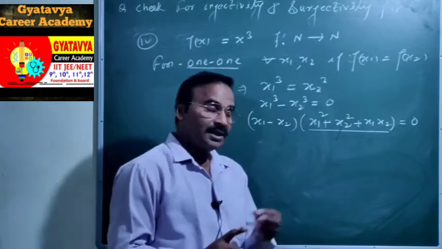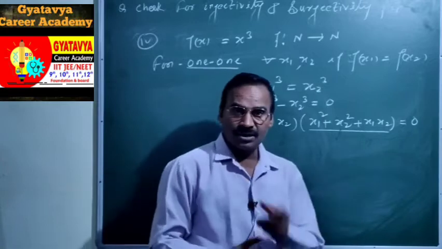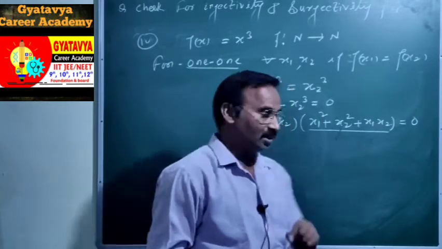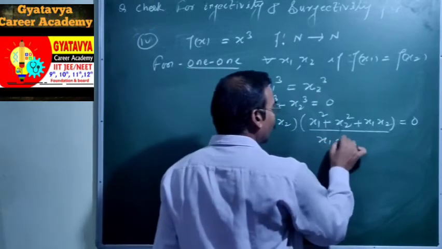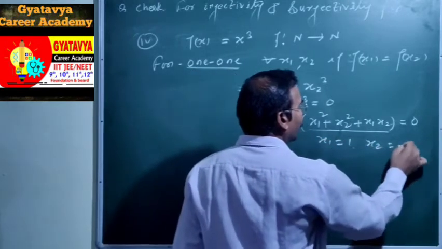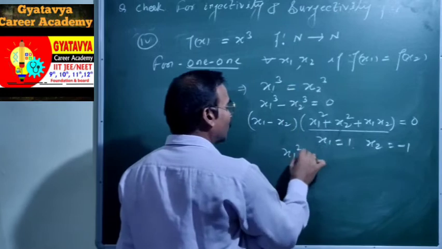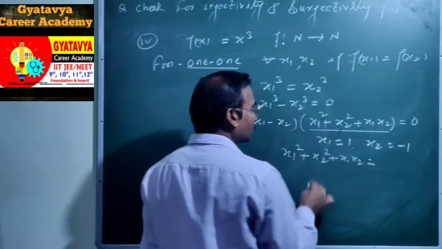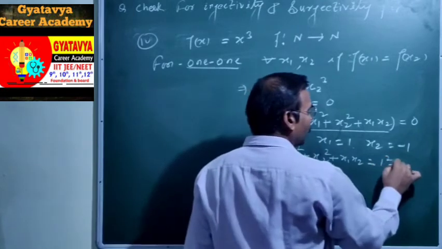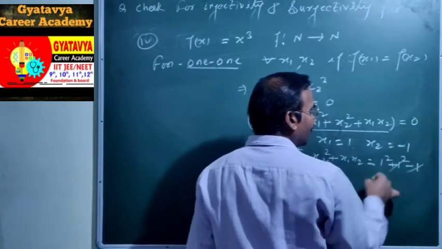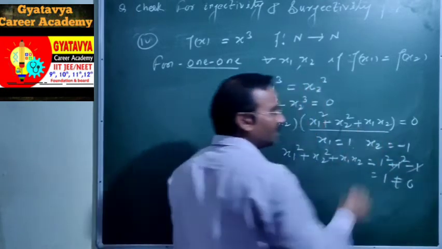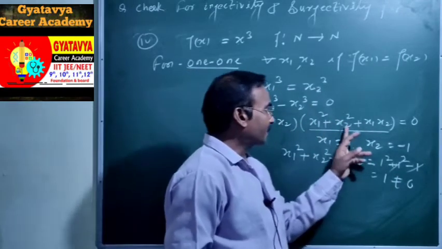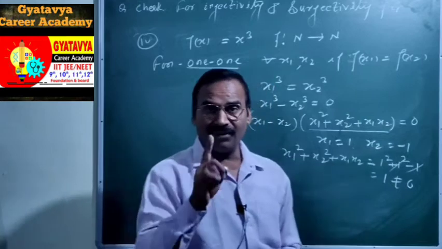If we choose different signs, either minus 1 and plus 1, here if x1 equal to 1, x2 equal to minus 1, then what will be x1 square plus x2 square plus x1 x2? This is 1 square plus 1 square minus 1, which is 1, not equal to 0. So in any case, x1 square plus x2 square plus x1 x2 never equals 0.